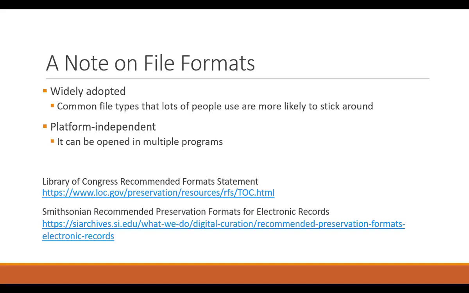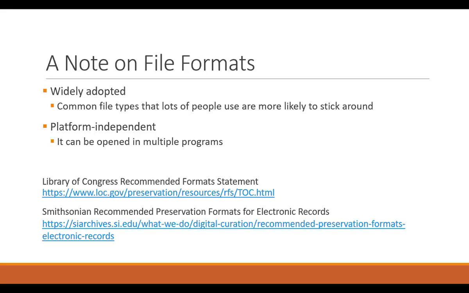Your file format should ideally be platform independent, meaning it can be opened in different programs. This does not necessarily mean that it is completely free and open source, however. For example, a PDF is a file format that's created and managed by Adobe, but there are lots of programs that can open PDFs and are not Adobe Reader or Acrobat.